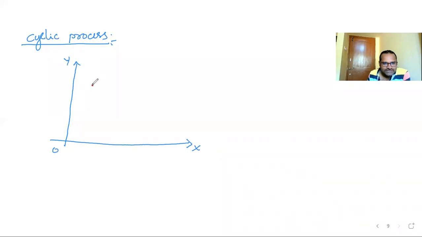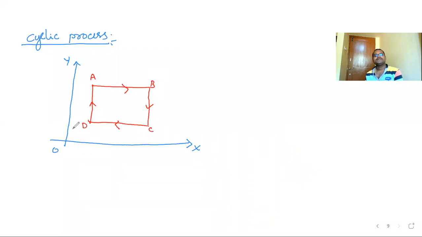Let us imagine a process starting from point A, first expanding, then undergoing like this and coming back to the same point. Let us suppose this is the process which is occurring: A, B, C, D, A back is one cyclic process. From the state where it started, we came back to the same state.